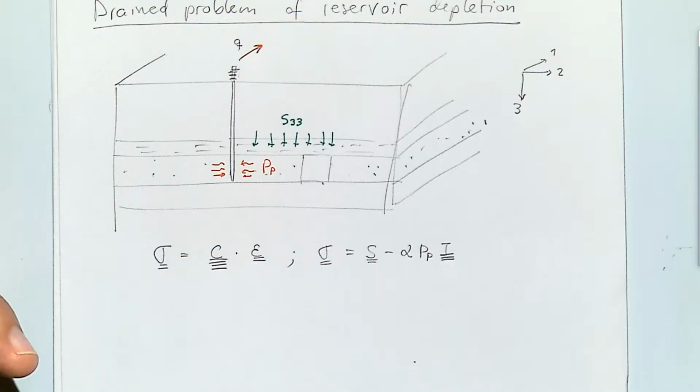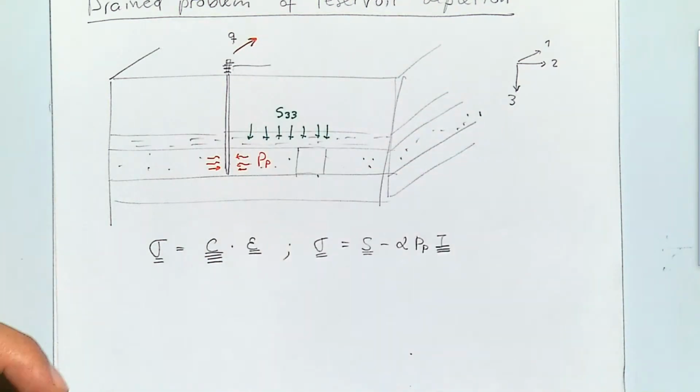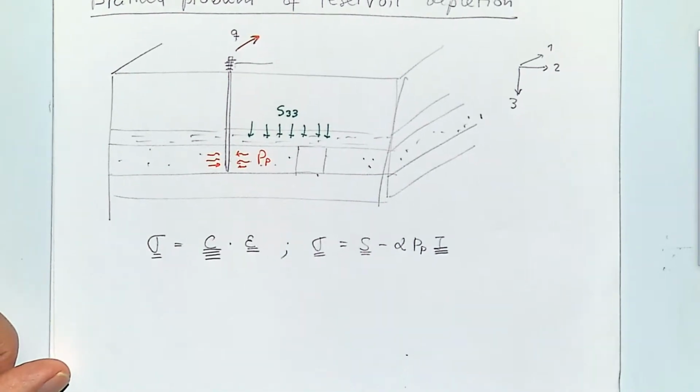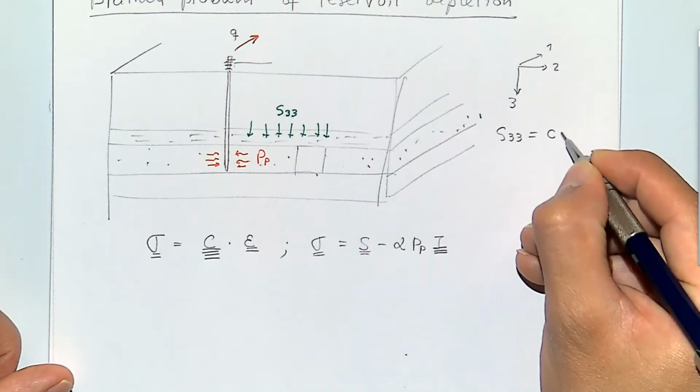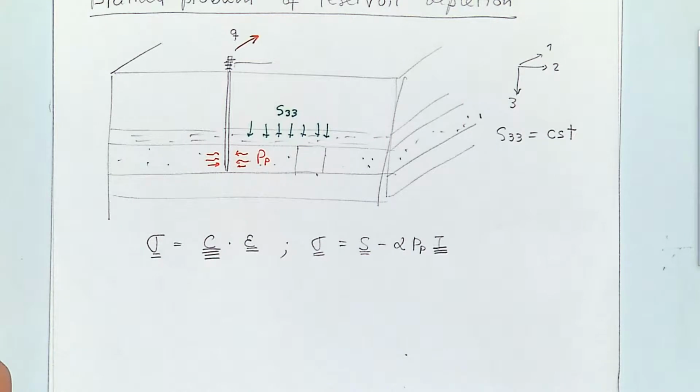Do you think that the overburden stress, which is basically the weight on top of the reservoir, is going to change when you do a depletion? No, right? That's not going to change. Why would it change? Doesn't make any sense. So S33 is going to be a constant.